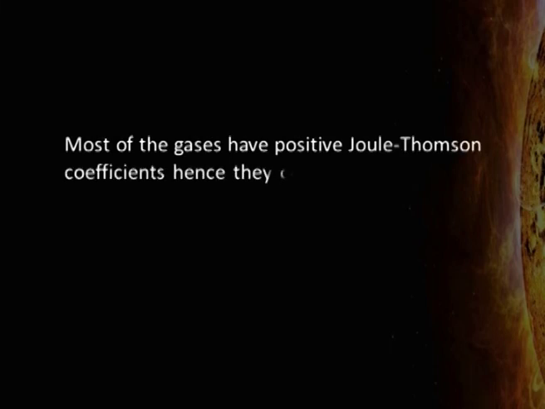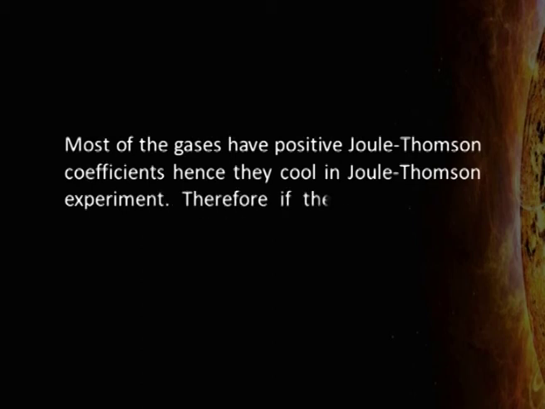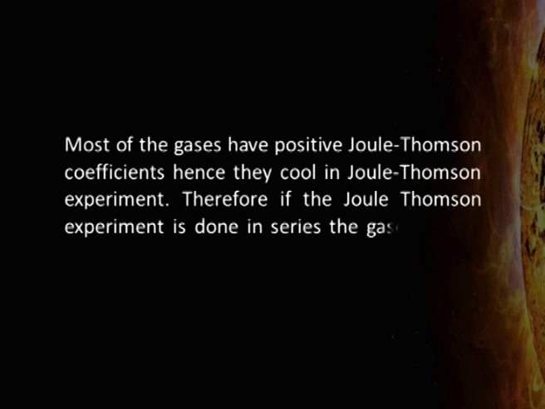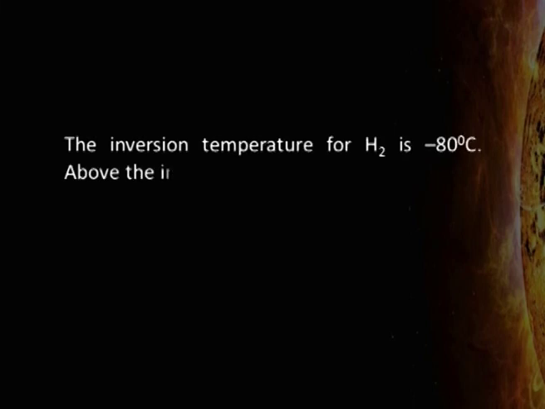Most of the gases have positive Joule-Thomson's coefficient, hence they cool in Joule-Thomson's experiment. Therefore, if the Joule-Thomson experiment is done in series, the gases can be liquefied. The inversion temperature of hydrogen is minus 80 degrees Celsius.